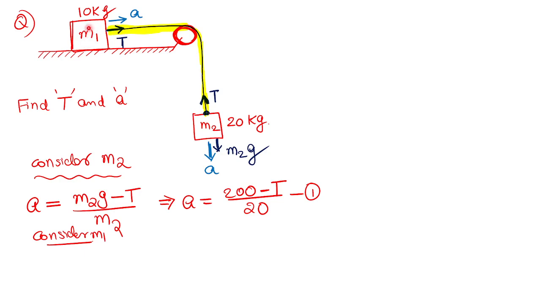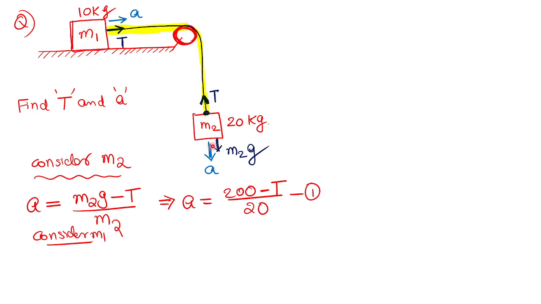You agree with me? So acceleration of M1 is the net force acting on M1 in the horizontal line. Vertically there is a force, but that is not considered.